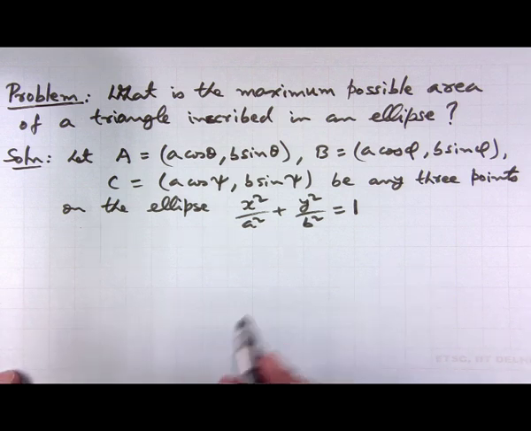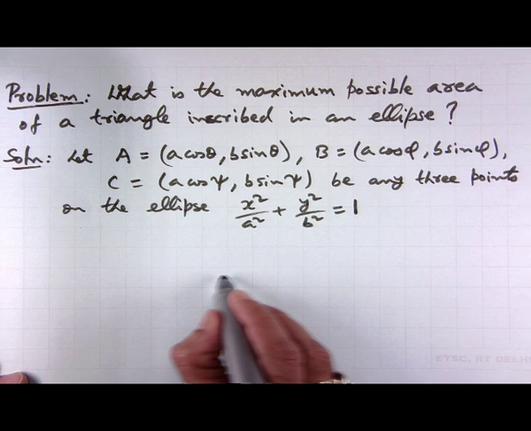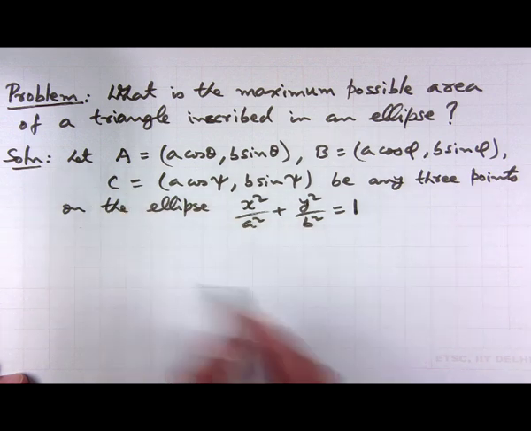So, we are considering any 3 points on the ellipse where theta, phi and psi are the eccentric angles.